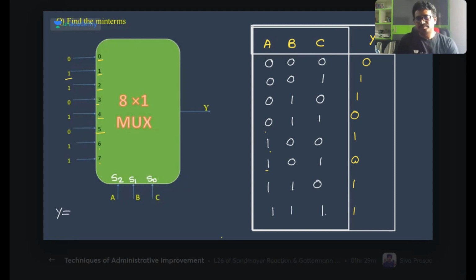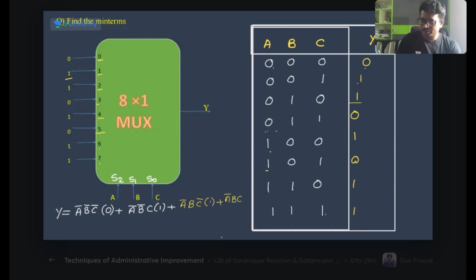This is A bar, B bar, C bar into 0, plus A bar, B bar, C into 1, plus A bar, B, C bar into 1, plus A bar, B, C into 0.